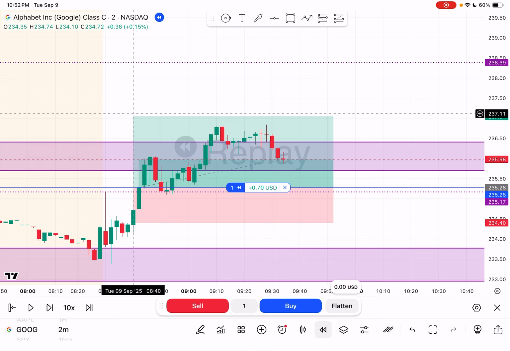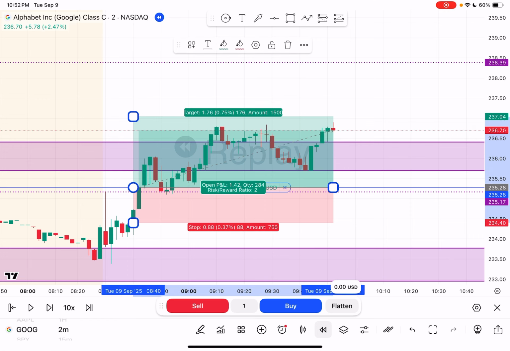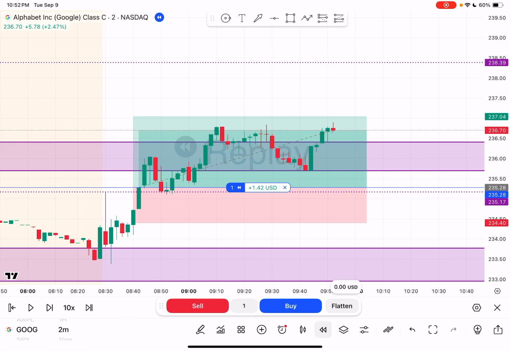And we got the red candles in. I was in this trade for a while. This is a really choppy zone, but price still went ahead and was going up.